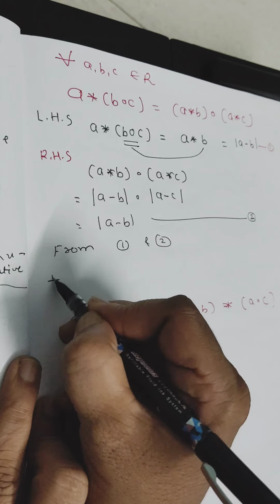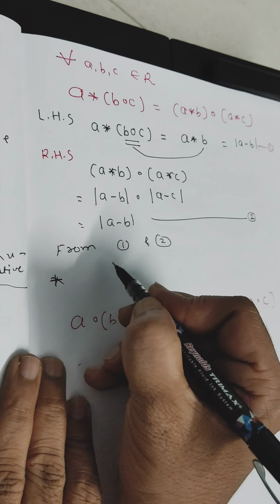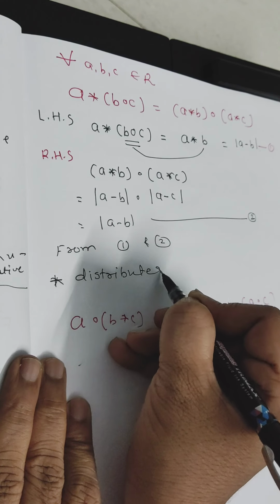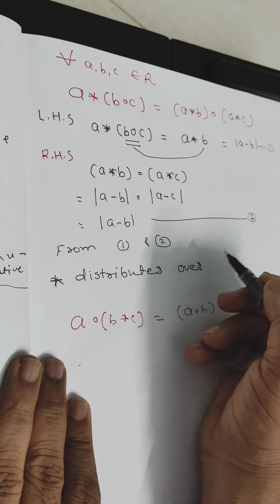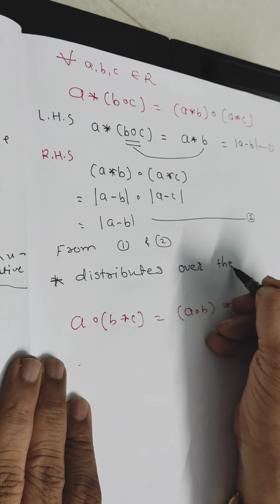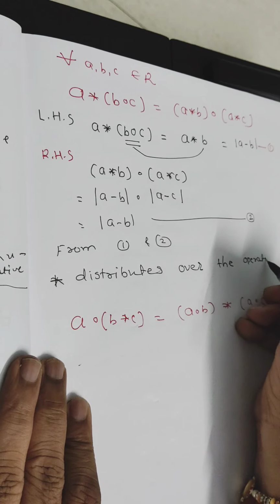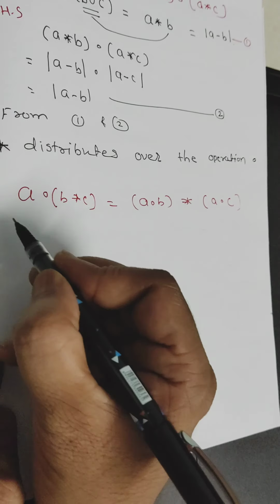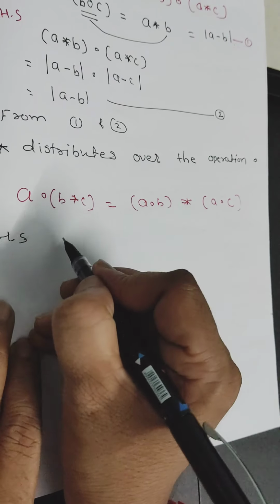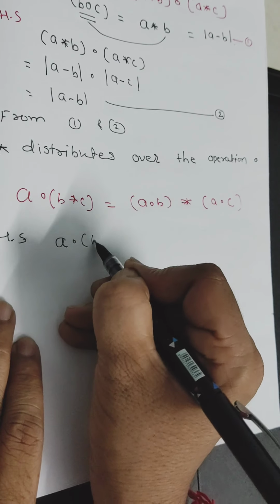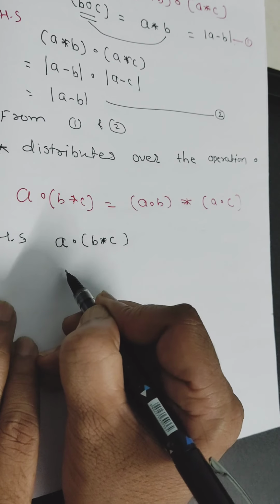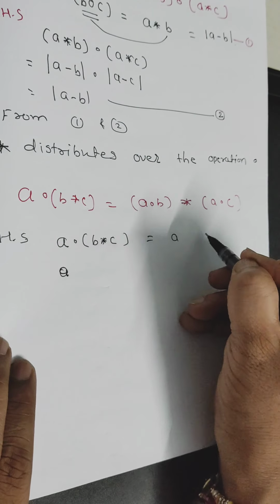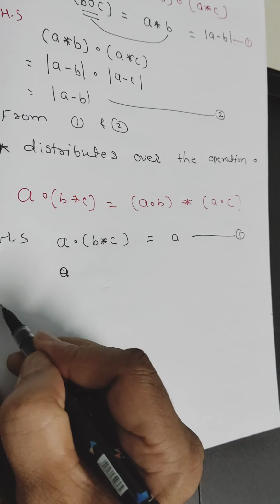we can write binary operation distributes over the operation. And in this case, LHS. A. Answer is A, equation 1. And RHS.